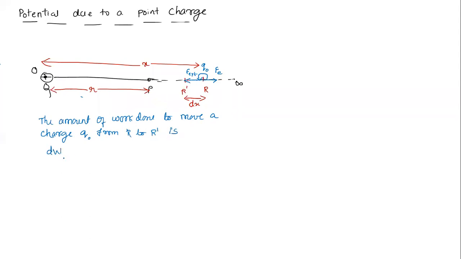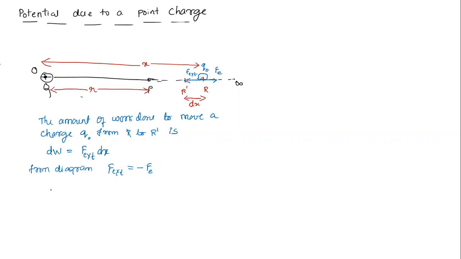The small amount of work done, dW, is equal to the external force we applied, F external, into dx, and the angle is 0 degrees, since the angle between the external force and the displacement is 0 degrees. From the diagram, the external force is equal to minus the electric force, F E, that is the Coulomb force.